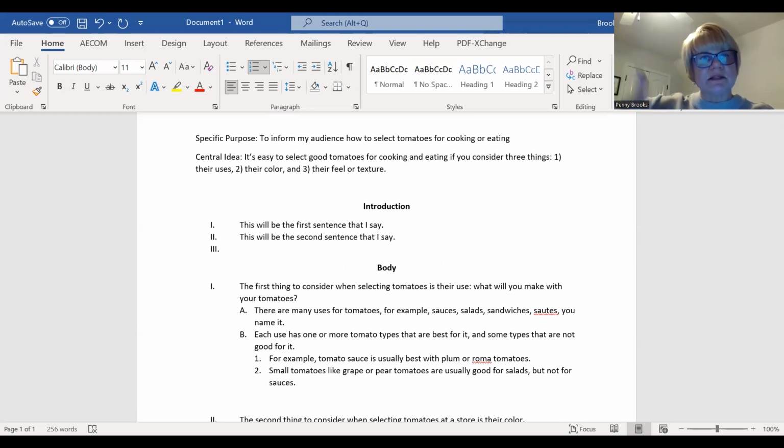I'm introducing basically the idea of selecting tomatoes: in stores nowadays, it's hard to tell what you're looking at through the cellophane paper. They have all the different kinds, all the different colors of tomatoes, all these different things. How can you know what you should use? How do you choose a good tomato at the grocery store? Well, that could be all the sentences in my introduction.